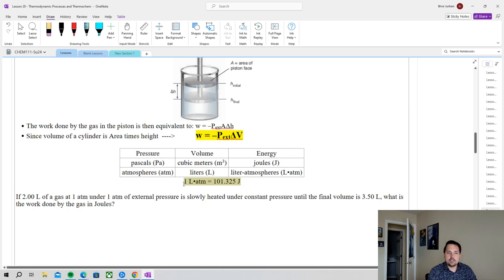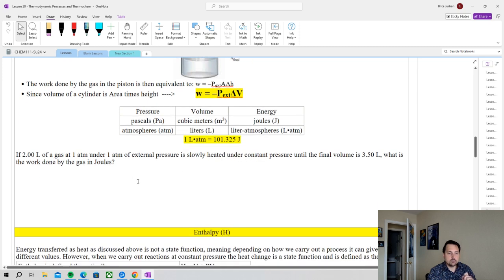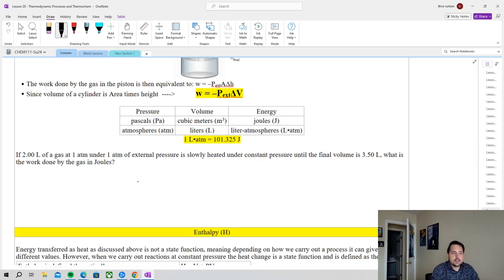But what I would say is that let's just use this conversion factor here so that anytime we're working with pressure and volume in atmospheres and liters, and I want my energy in joules, we can just use this conversion factor. So let's work through one problem here and I'll show you. If I have 2 liters of a gas that's starting at a pressure of 1 atmosphere, and there's one atmosphere of external pressure being applied on it, meaning that the pressures are equal, so there's going to be no compression or expansion to begin with.